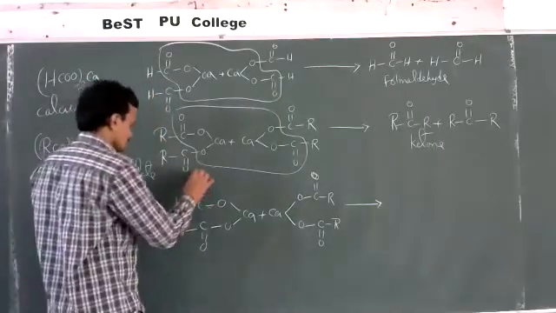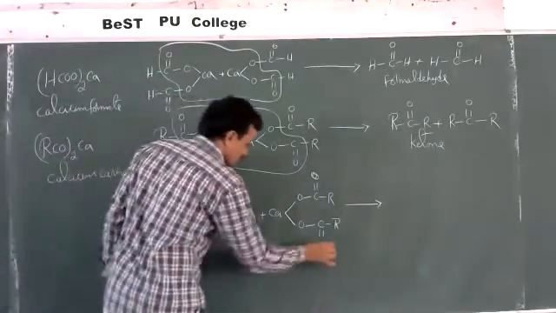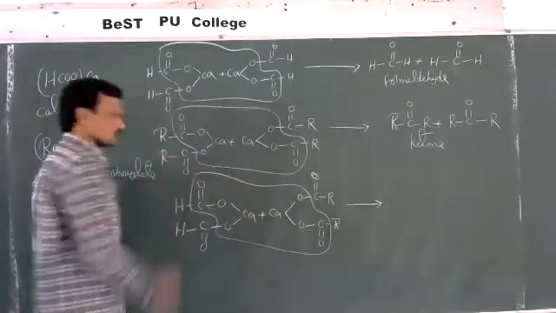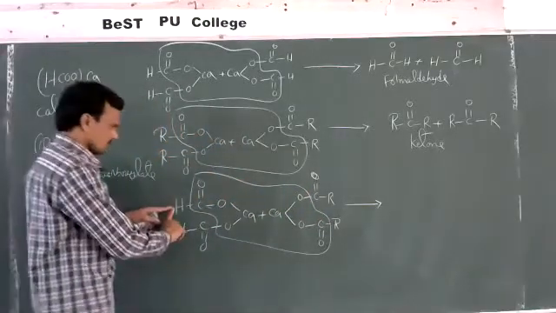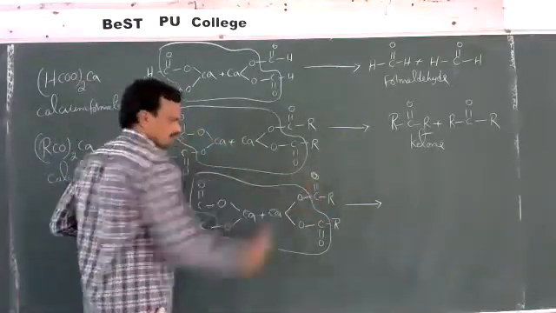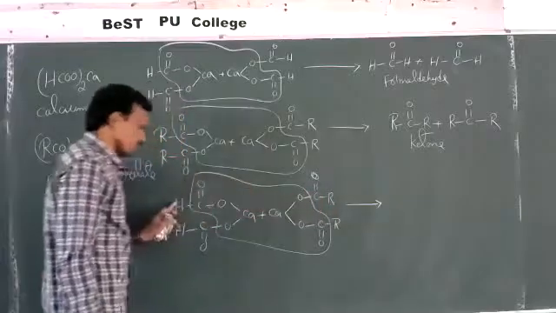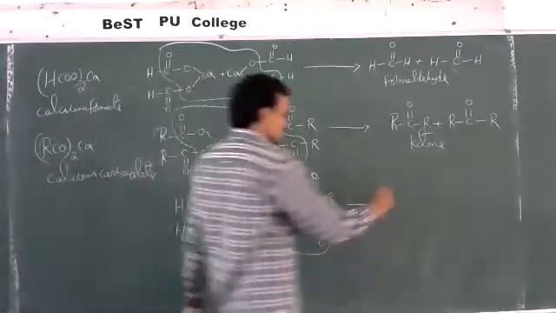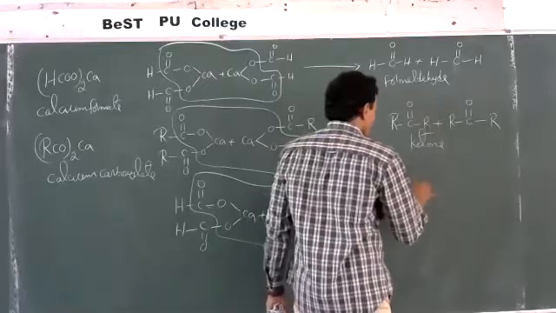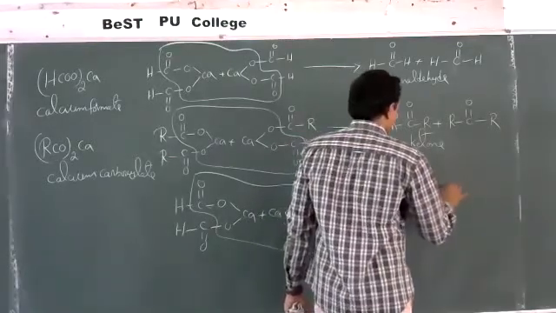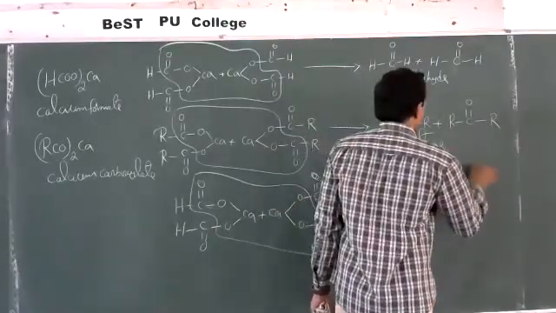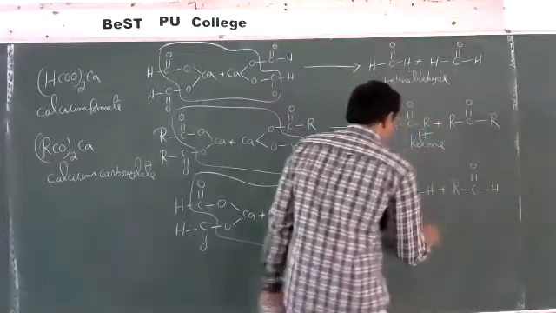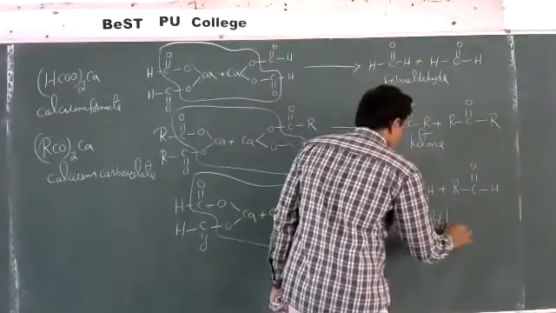Same here also. Eliminate 2 moles of CaCO3, then you can get HCOR, nothing but RCHO. Here RCHO means 2 moles of aldehyde will be formed. RCHO plus RCHO, nothing but aldehyde will be formed as the product.